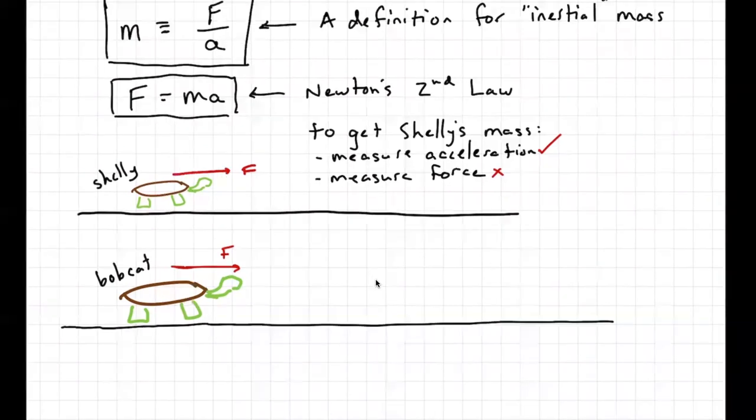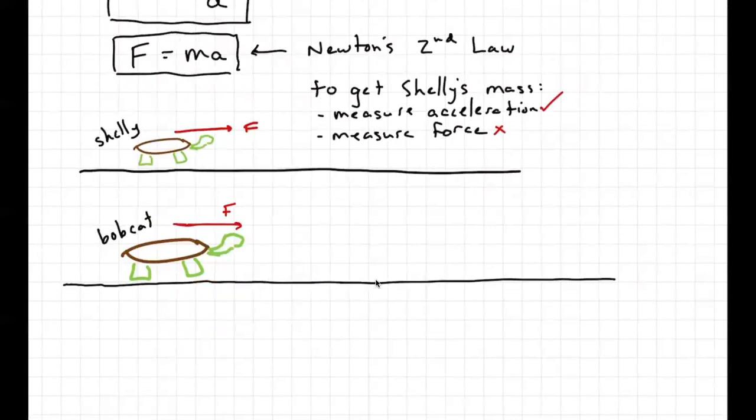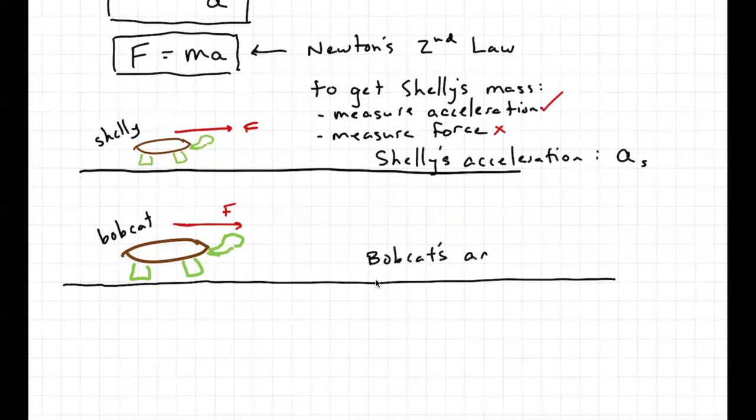Let's say that I measure Shelley's acceleration, and I get something, let's call it A sub S. And then Bobcat's acceleration, when I measure that, is going to be A sub B. Before we do anything, we can assume that Bobcat's acceleration is less than Shelley's acceleration. That's part of the way that we thought through what a definition for mass could be.